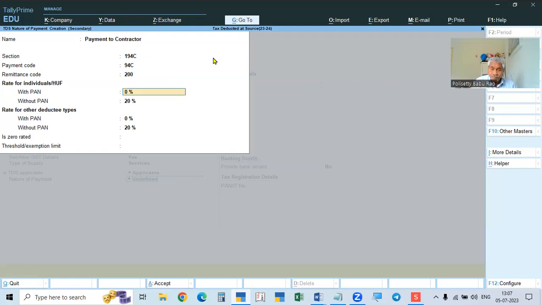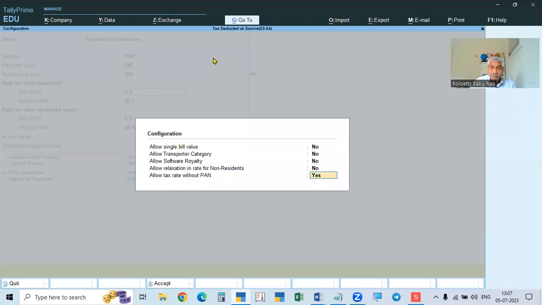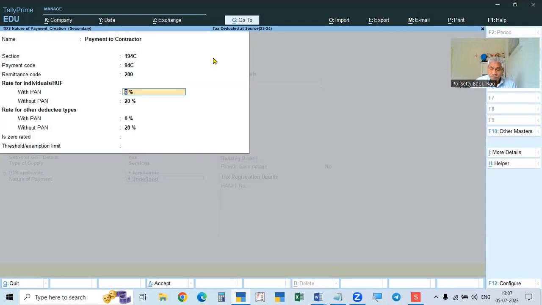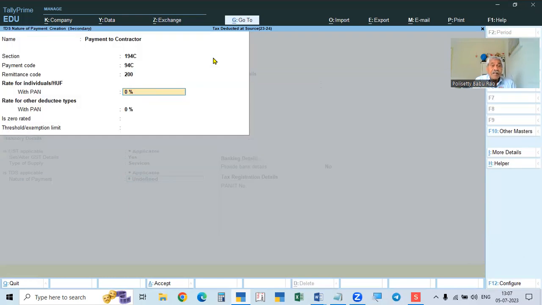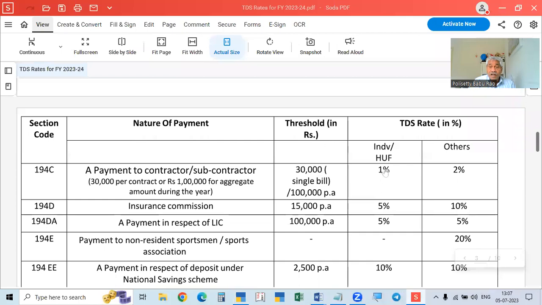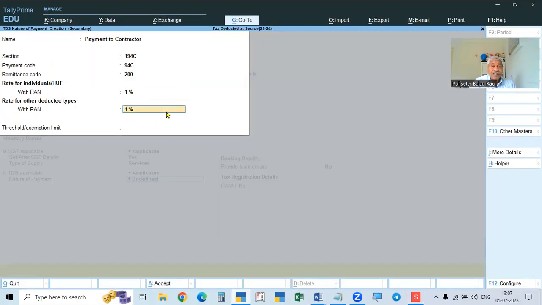For individual or resident, here the number is individual or HUF, it is 1%. So you have to give 1%. If it is other than individual or HUF, it is 2%. But here, if there is a PAN card, with PAN.